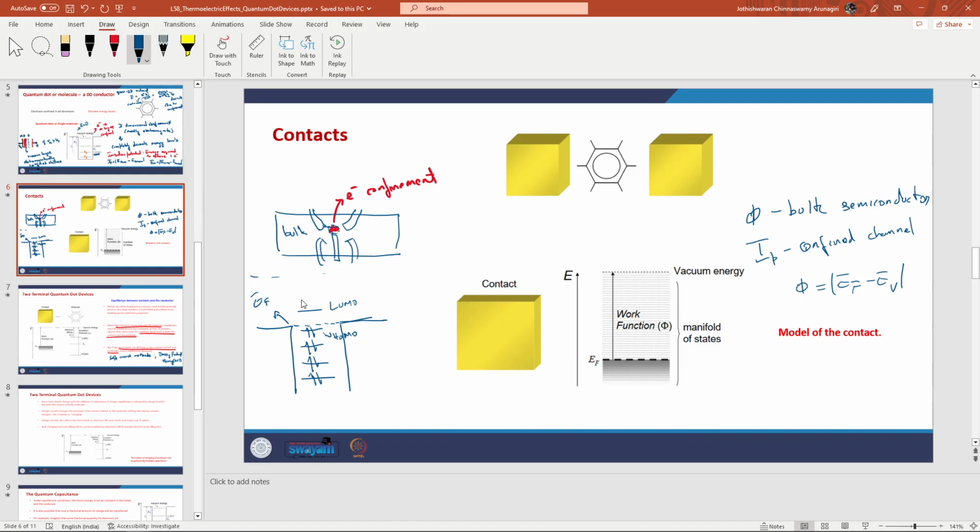In case there were some electrons beyond the Fermi level, what will essentially happen is those excess electrons will jump into the drain. If there were no electrons present up to the Fermi level, then the source will donate. If not, the drain will accept. So depending on how many electrons the quantum dot originally had, to achieve equilibrium, electrons would have moved from the source to the quantum dot or from the quantum dot to the drain.